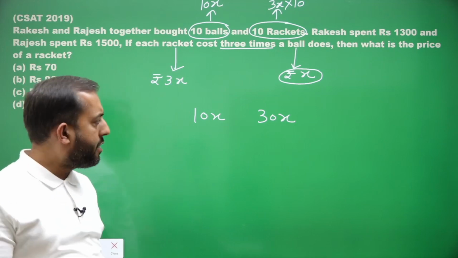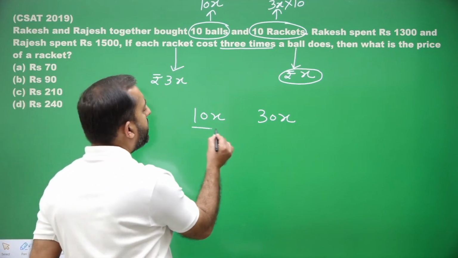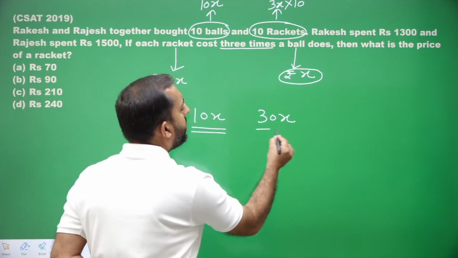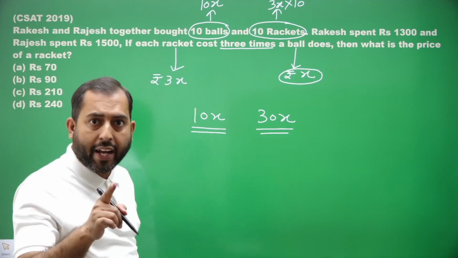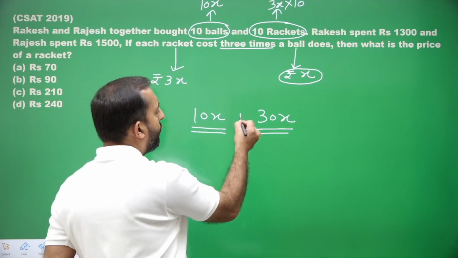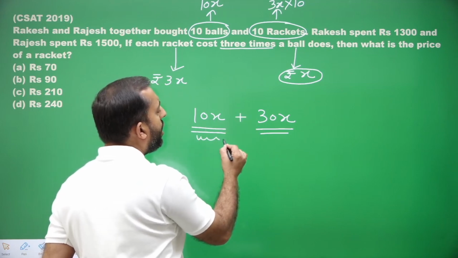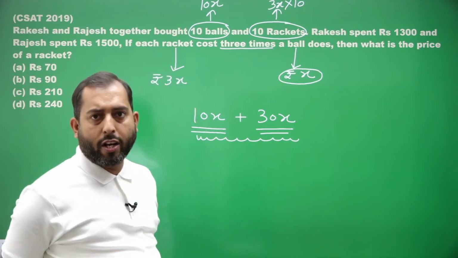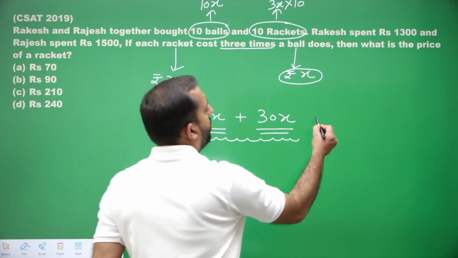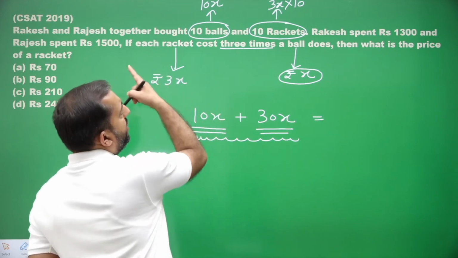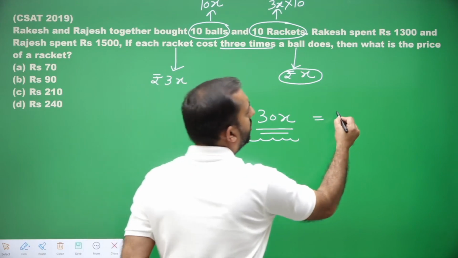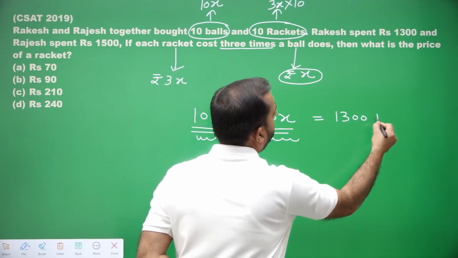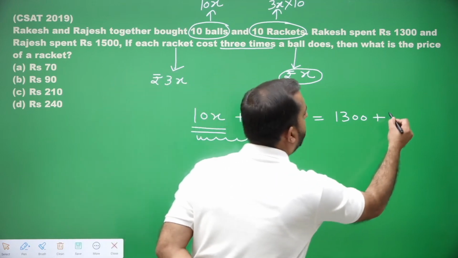I hope this is clear to everybody. Now 10x is the money spent on balls and 30x is the money spent on rackets. If I add both of them, this is the total amount spent by Rakesh and Rajesh together. So the total amount spent by both of them is 1300 plus 1500.